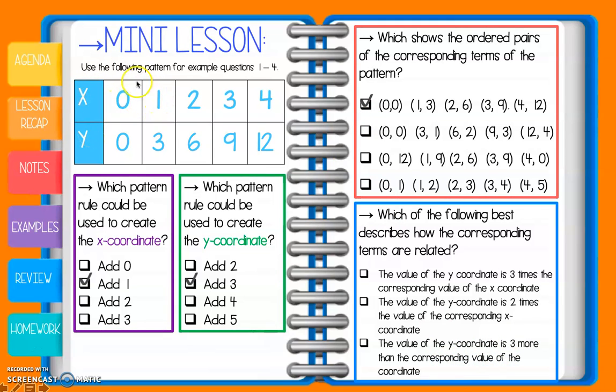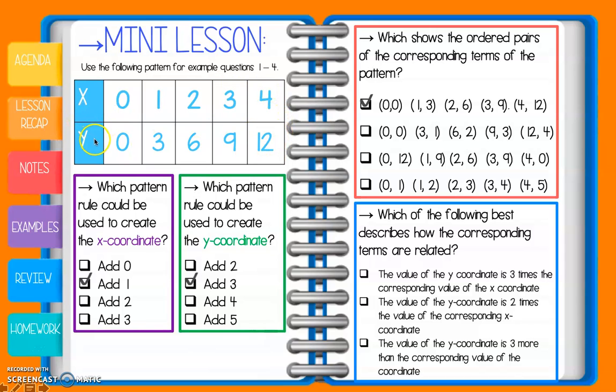At this point, we're looking at the relationship between our x and our y's. So what are we doing to our x every single time to get to our y? I can multiply 1 times 3 to get 3, 2 times 3 to get 6, 3 times 3 to get 9, and 4 times 3 to get 12.